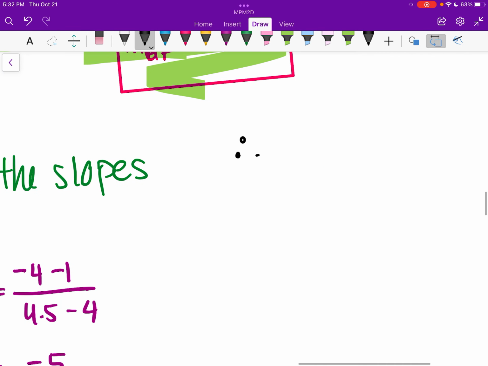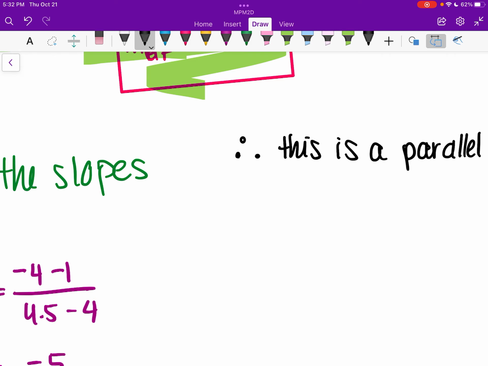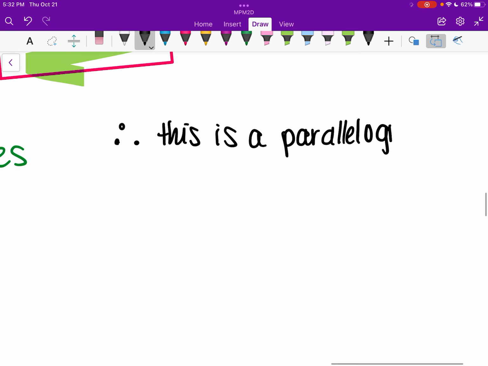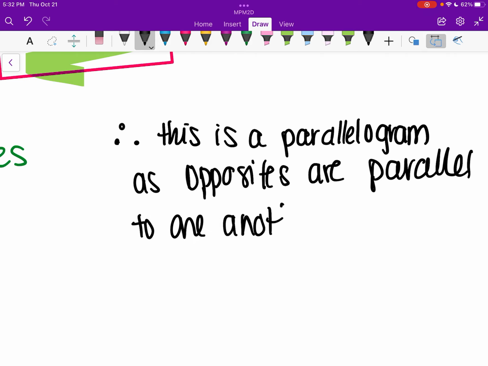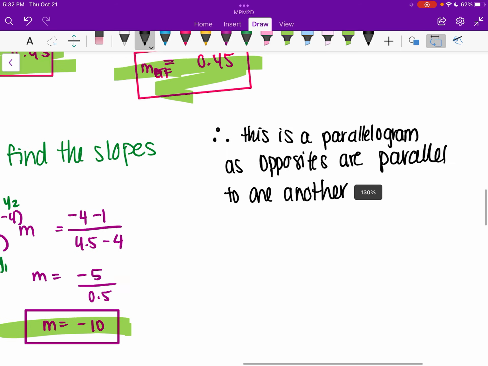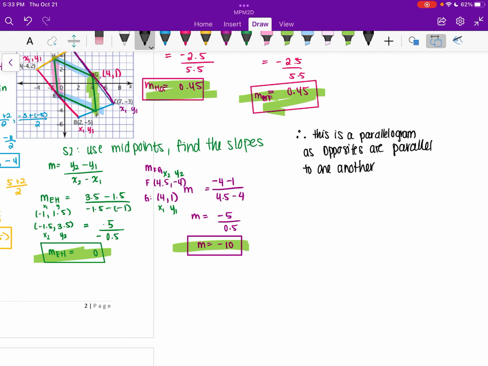And therefore, as opposite sides are parallel to one another. Cool. And we know that they're parallel because the slopes are the same.